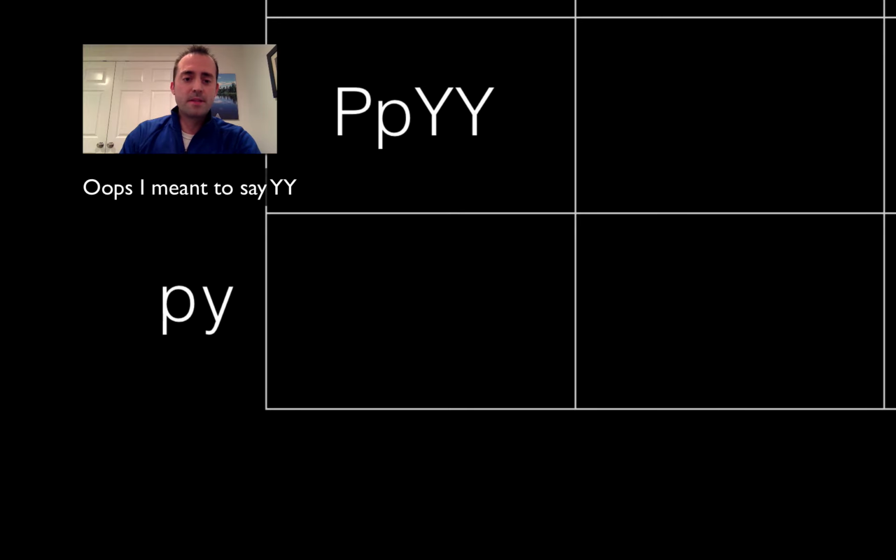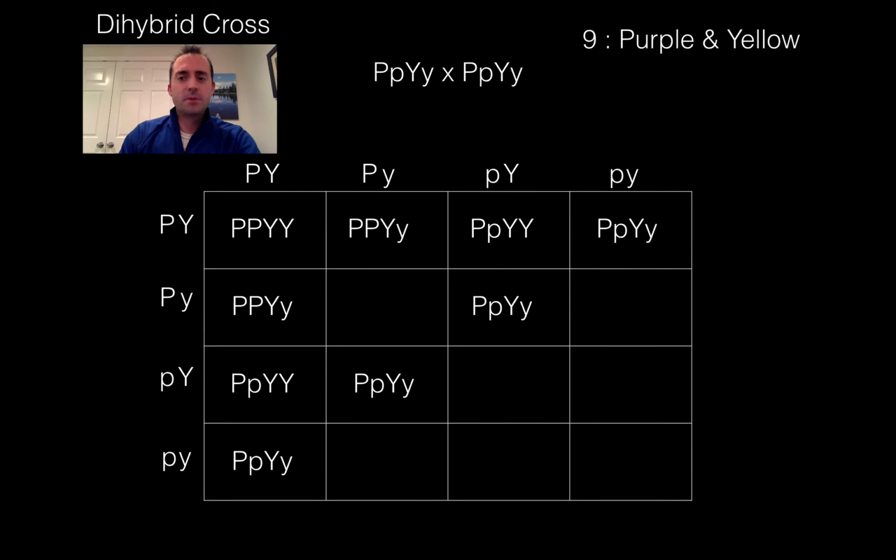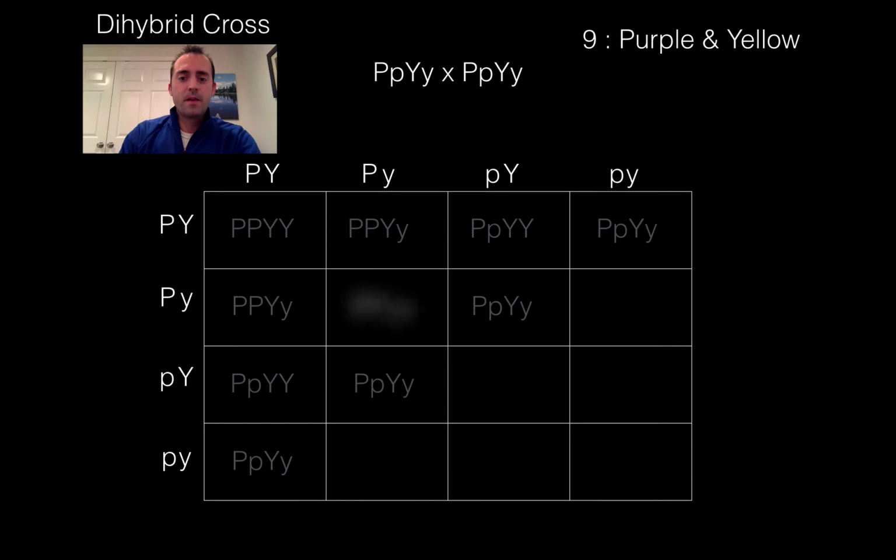This is telling me that this possible offspring will have purple flowers and yellow seeds. So filling in all of these, we will see that there are actually 9 individuals out of the total 16 that will have both dominant purple flowers and dominant yellow seeds as their phenotype. 3 of these individuals will be purple flowered but produce green seeds.